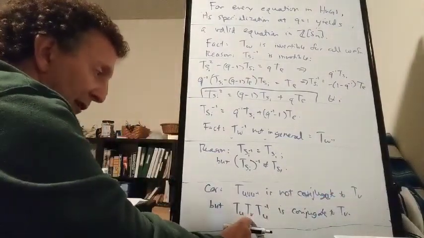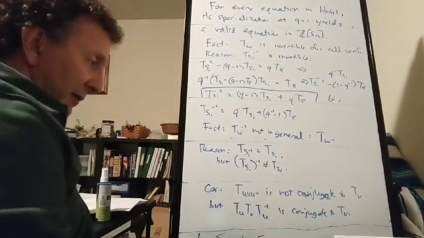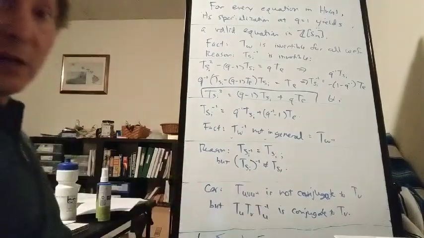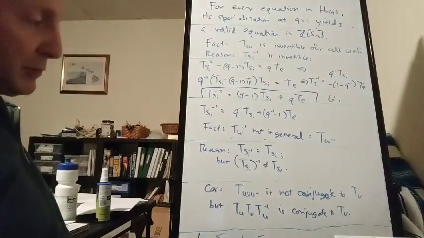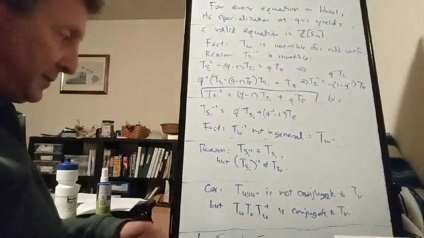Obviously, if we take something and left multiply by another element and right multiply by the inverse of that element, then we have a conjugate. But T_{uvu^{-1}}, all in the subscript, does not have that form, even though it sort of looks like it should be conjugate to T_v, but it's not.